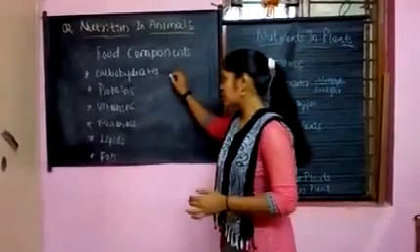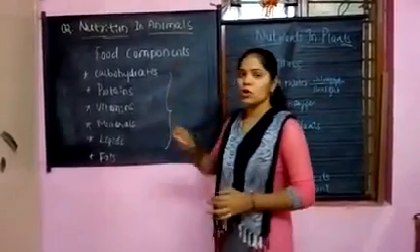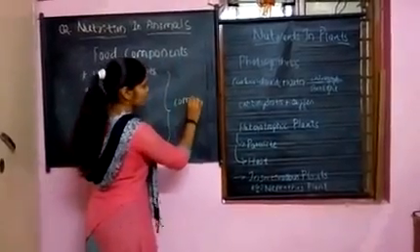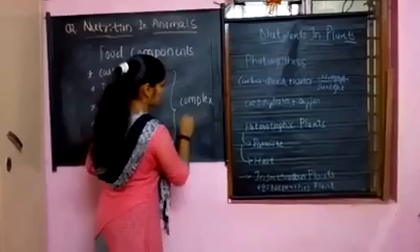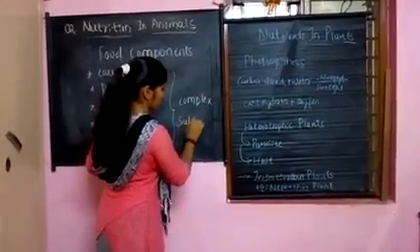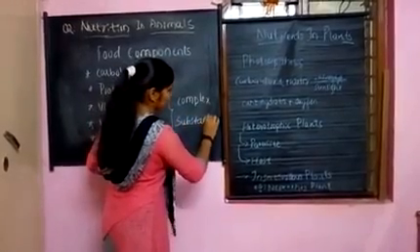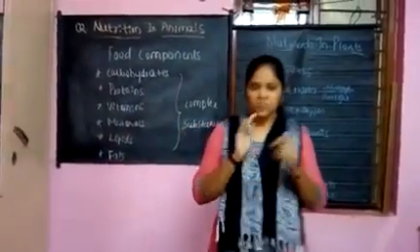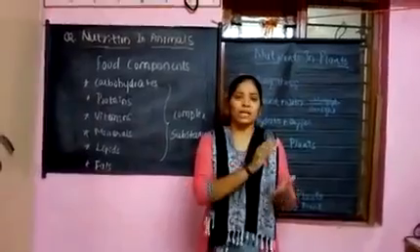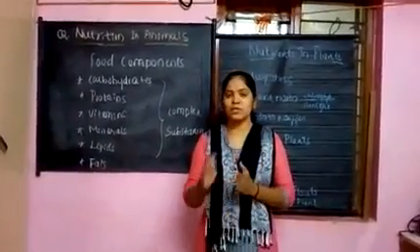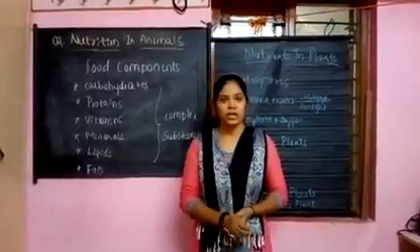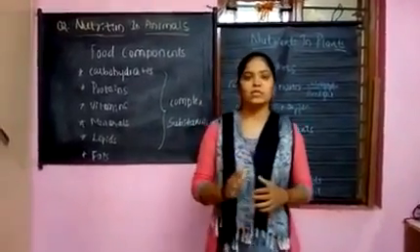So please remember, these are called complex substances. So what is called digestion? Digestion is nothing but the breakdown of a complex substance in food into simpler substances. It is called digestion. Okay. So this is about digestion.